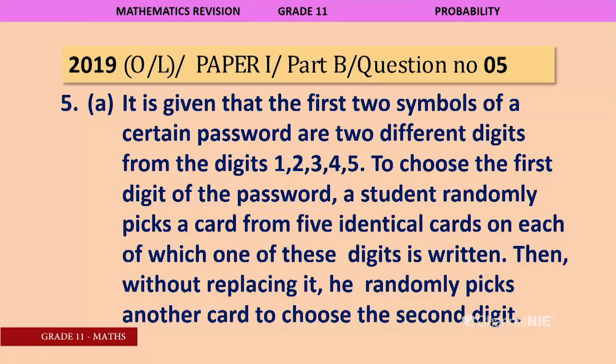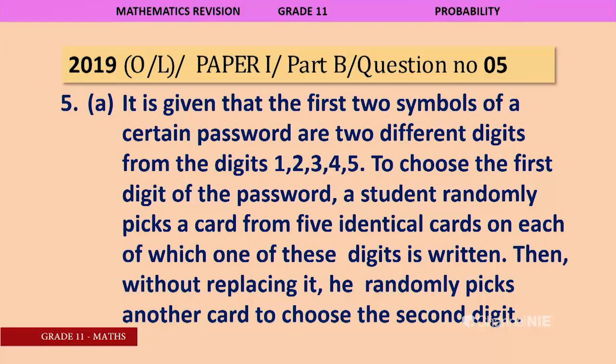To choose the first digit of the password, a student randomly picks a card from 5 identical cards, on each of which one of these digits is written. Then without replacing, there is a change of elements in the sample space in the second case.